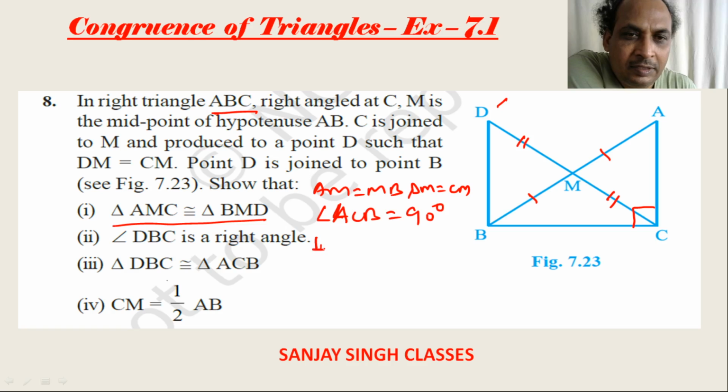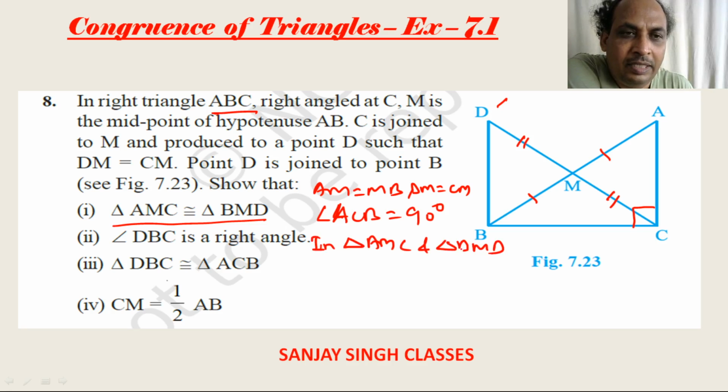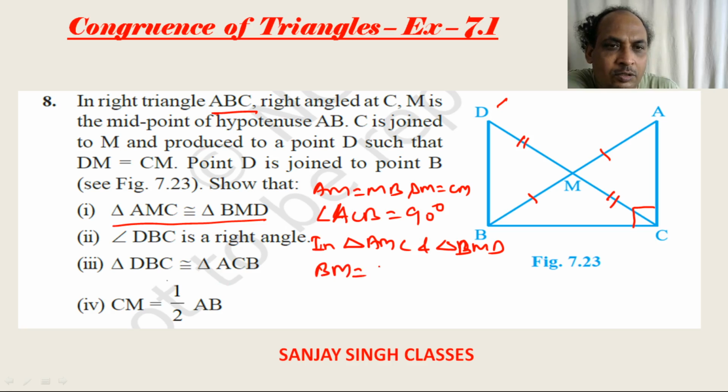Okay, so let us see in triangle AMC and triangle BMD, which things are there. So in that we do have BM is equal to AM, given.